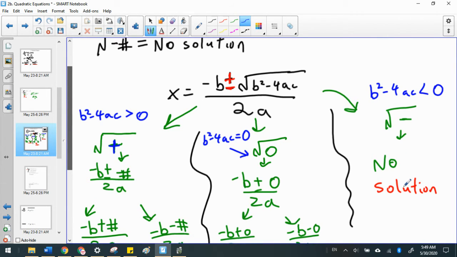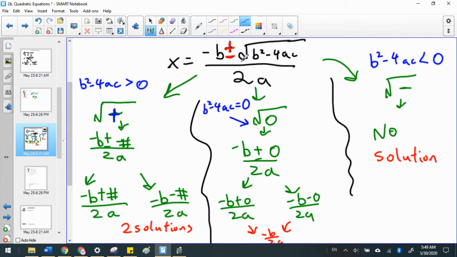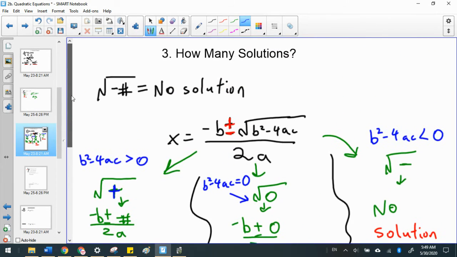And for us to use this technique, notice that we don't really even have to think about the negative b or the 2a. We simply need to figure out what number ends up inside the radical. And that gives us a good way to figure out how many solutions we are supposed to have in a particular quadratic equation, as well as detecting whether there will be radicals inside our solution.